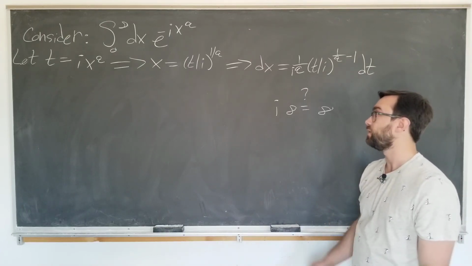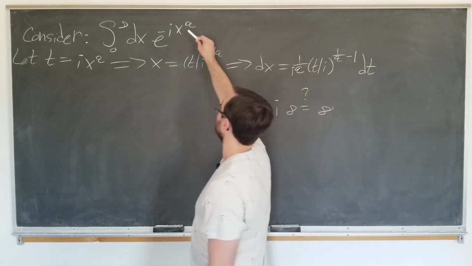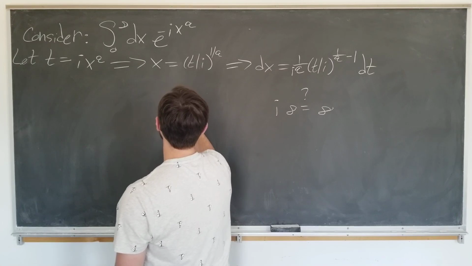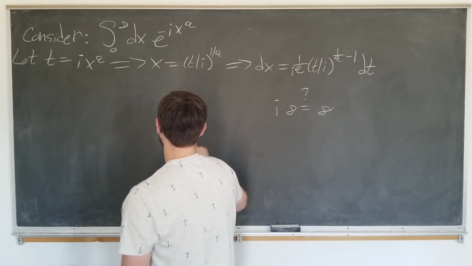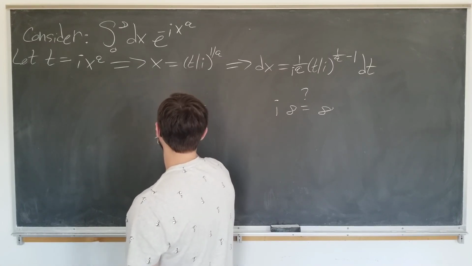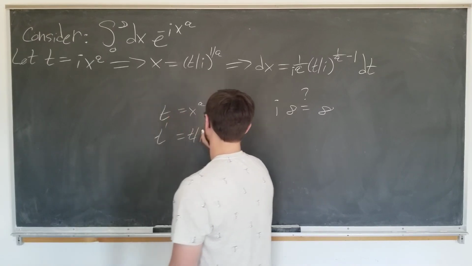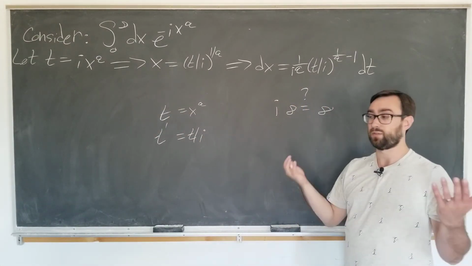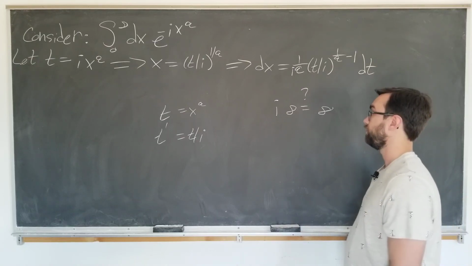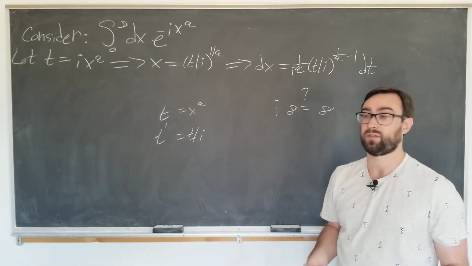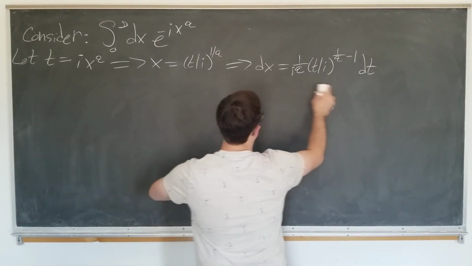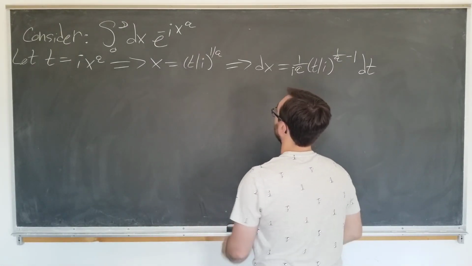If we wanted to do two u substitutions first, we would let some variable t be x to the a, and then let some other variable t prime be t over i later. But you still have the problem there when you do the final substitution. So I don't really understand it. I don't really need to, because this is a physics derivation. I'm not a mathematician today, or ever, really.